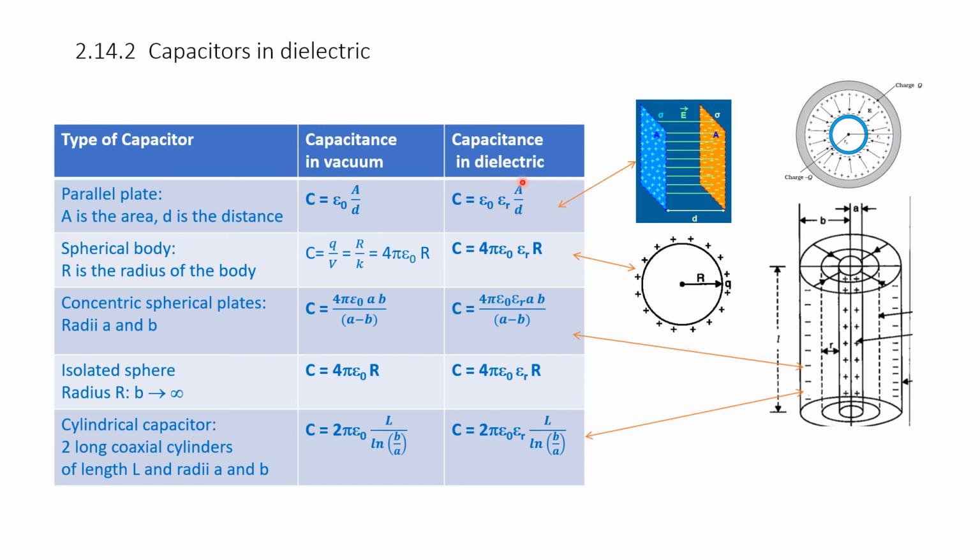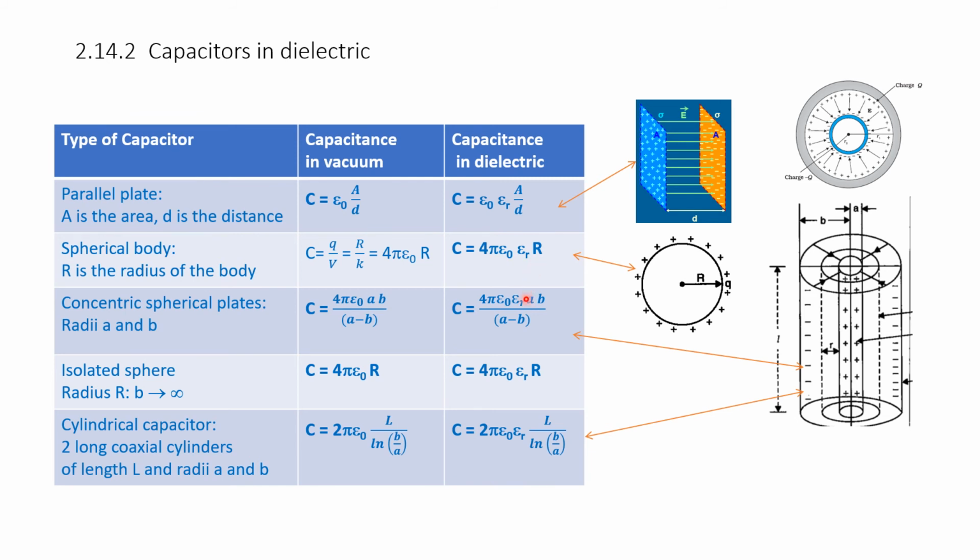The capacitance value is changed from epsilon naught A by D to C is equal to epsilon naught epsilon r A by D. Similarly, for a spherical body, epsilon naught becomes epsilon naught epsilon r. So, capacitance is given by 4 pi R into epsilon naught epsilon r.